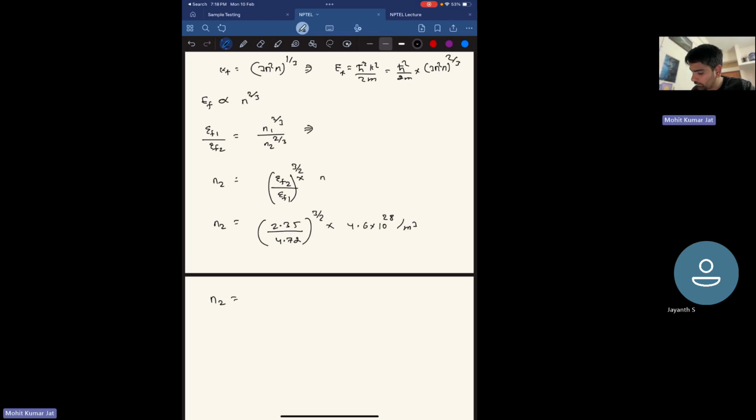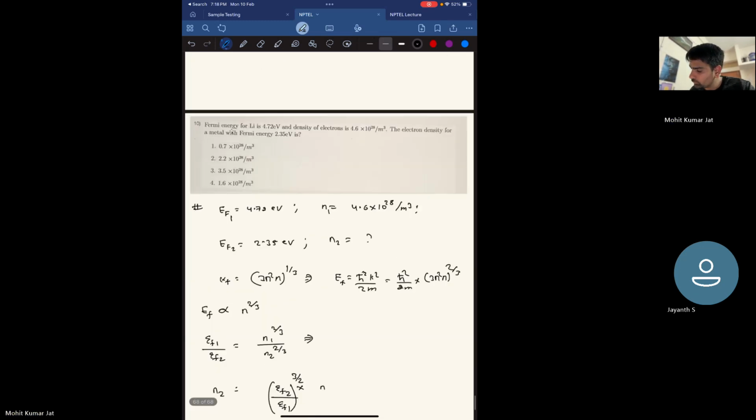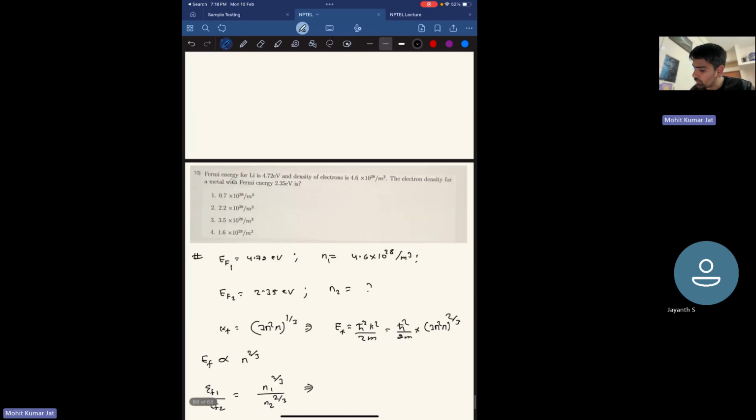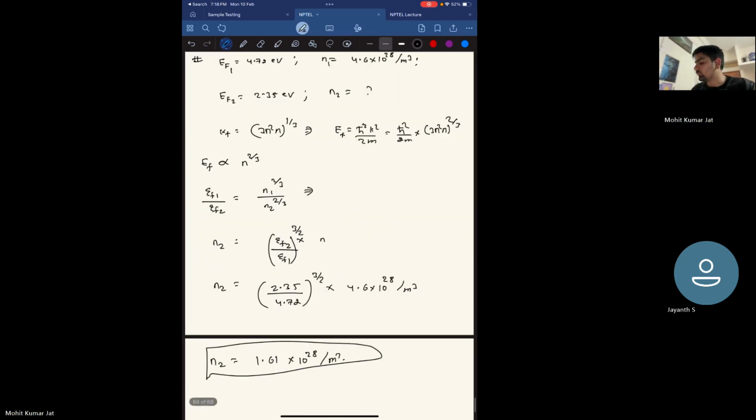That will be 0.35 times 4.6. That will be 1.61 into 10 power 28 per meter cube, 1.6 into 10 power 28 per meter cube. This is the answer, which is number 4. And that is the answer.